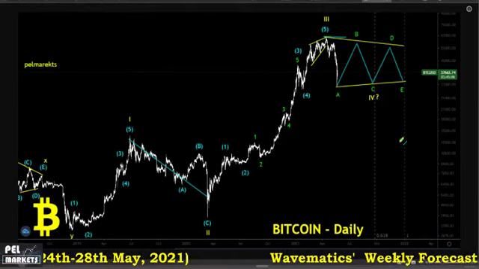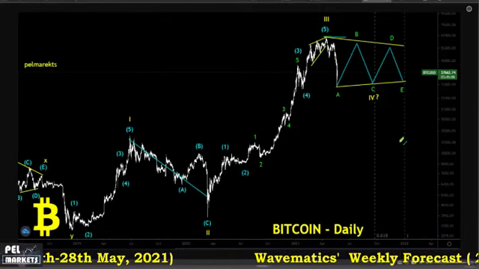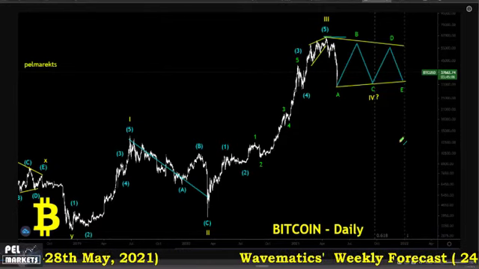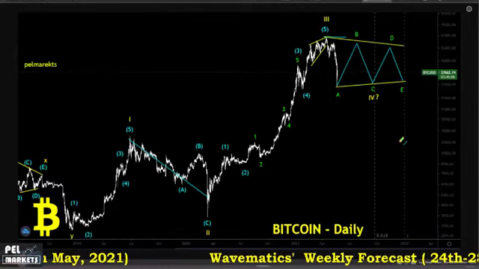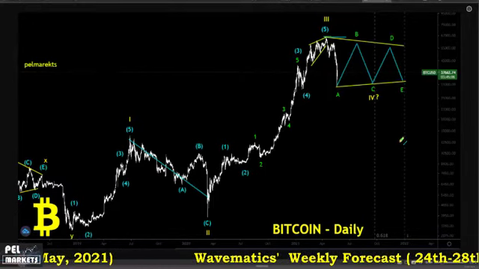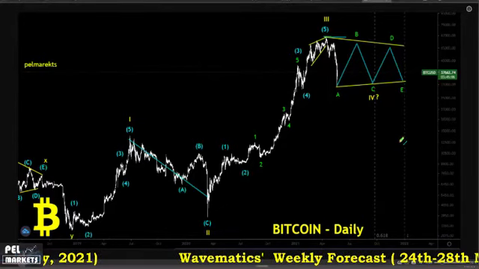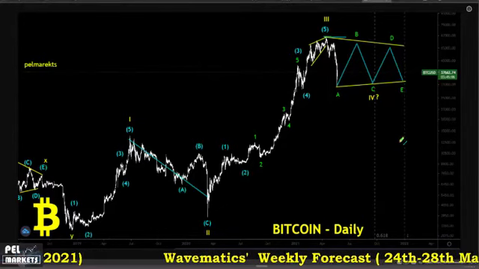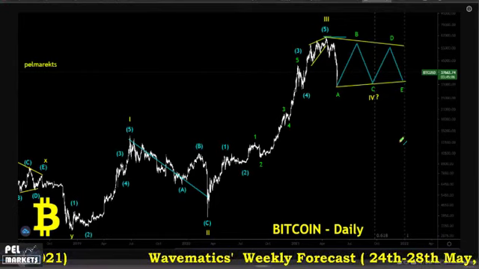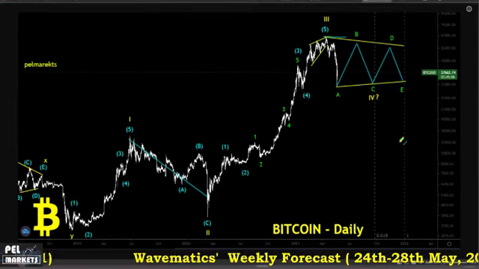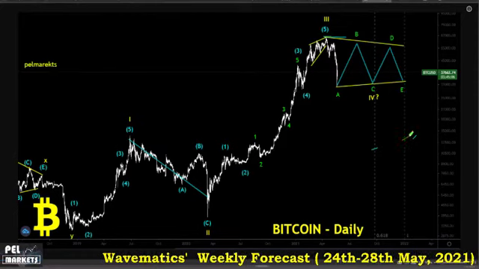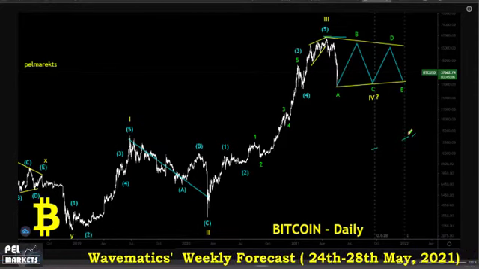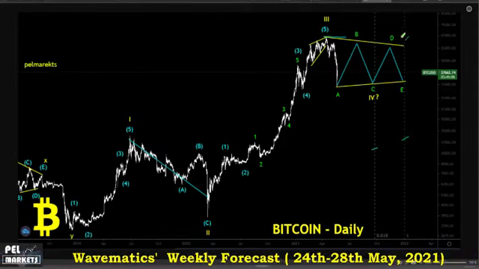I'll record a different video to show you how to use the fib time ratios, because it applies very well in crypto. It also works in forex, but I've tested it a lot, and its consistency in crypto is very high. So I'll record a separate video and show you how to use the Fibonacci time, how I arrive at these lines and how it can help in your trading.